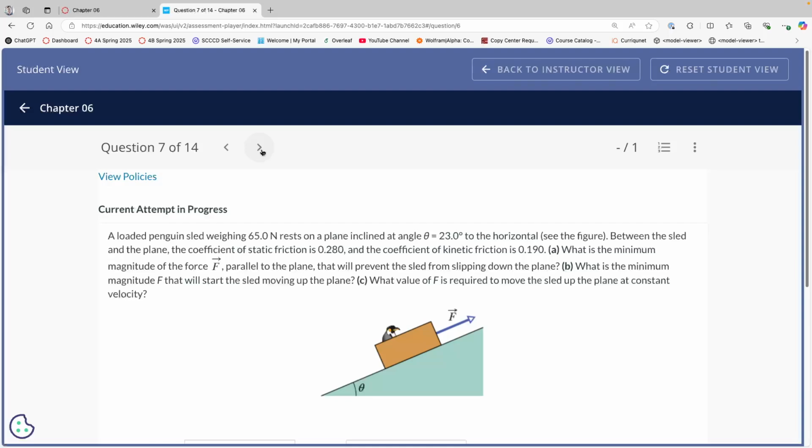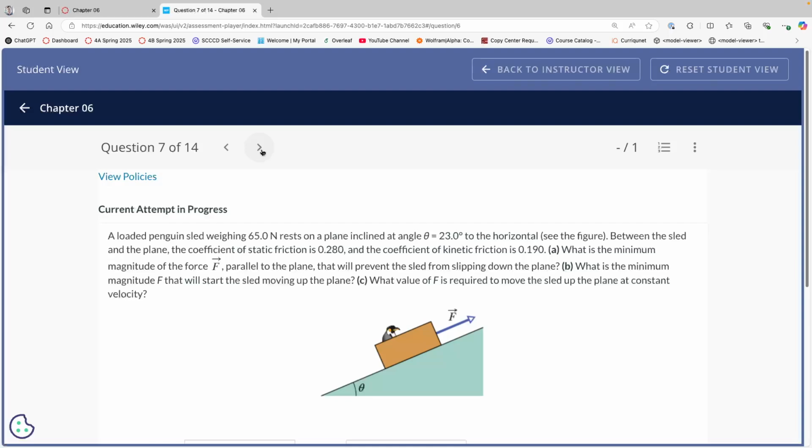So penguins in a box, there is a force that's pulling the box up the slope, okay? And like problem number 5, the first one I showed you, you've got to do some what ifs. If, for example, this force F up the slope is a lot bigger than the component of gravity pulling it down the slope, what direction would static friction be pointing?